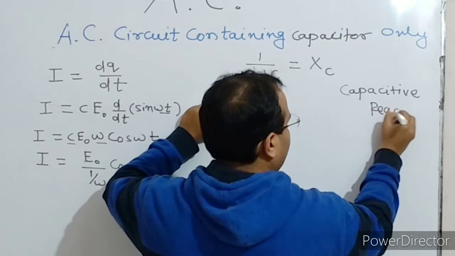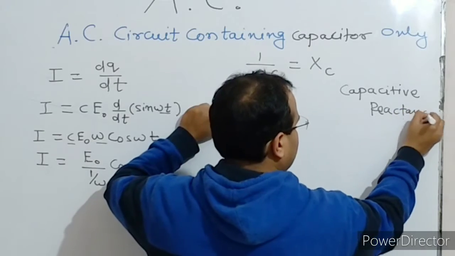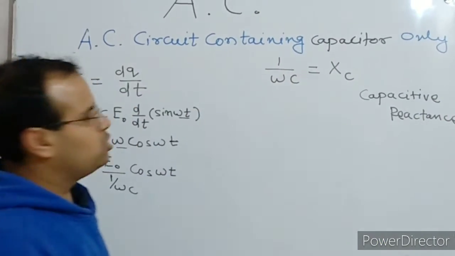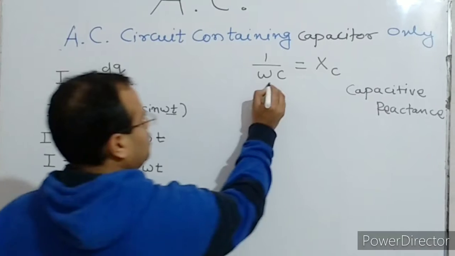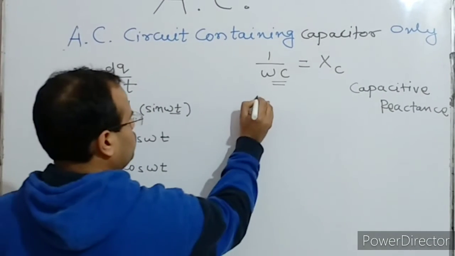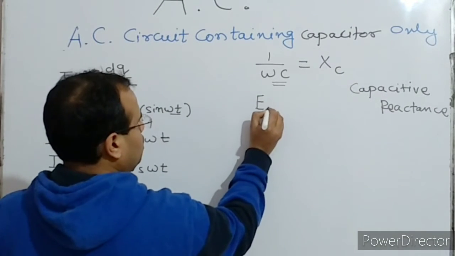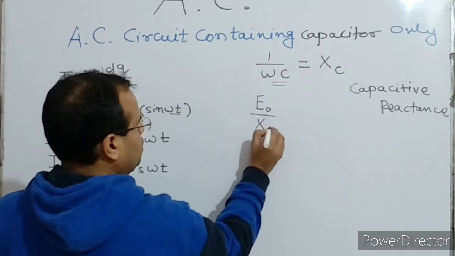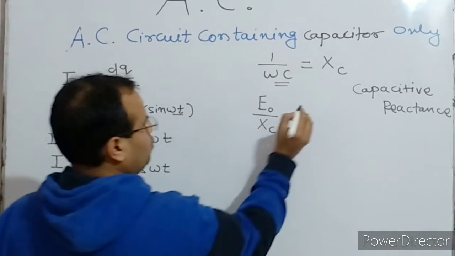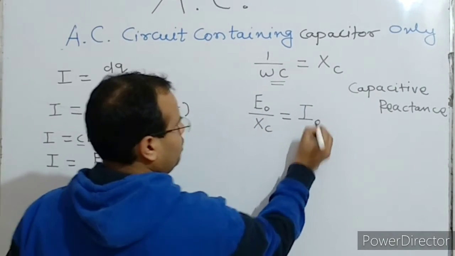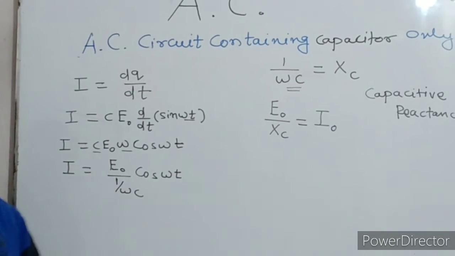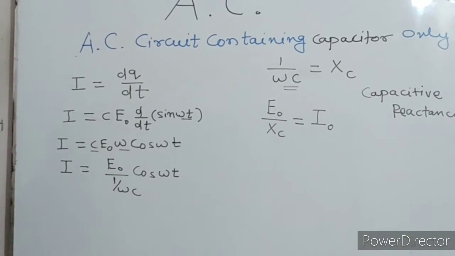It is denoted by Xc. So Xc is equal to 1 upon omega C, and also E naught upon Xc is equal to I naught.